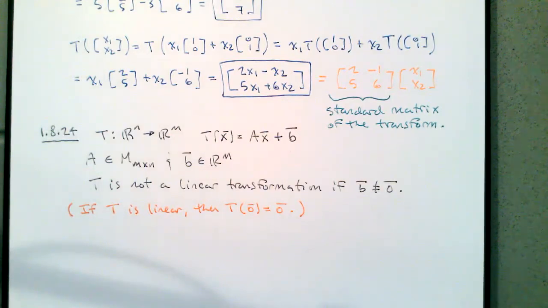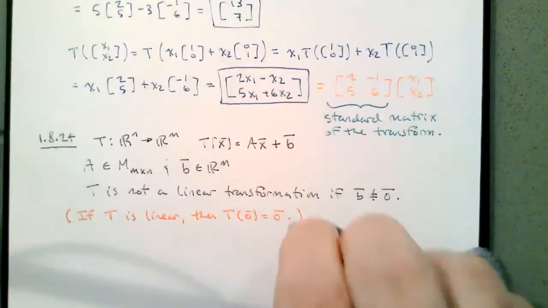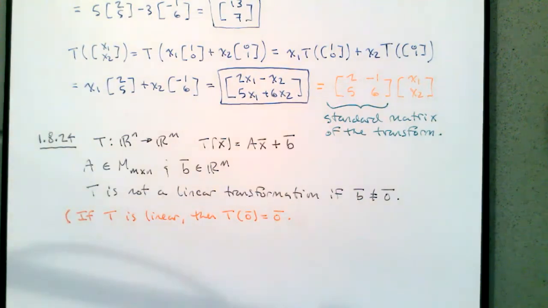This is because T respects linear combinations. The way that we want to use this: if T is linear, then T of 0 is equal to 0. This is not an if and only if, but I want to use the negation in the other direction.